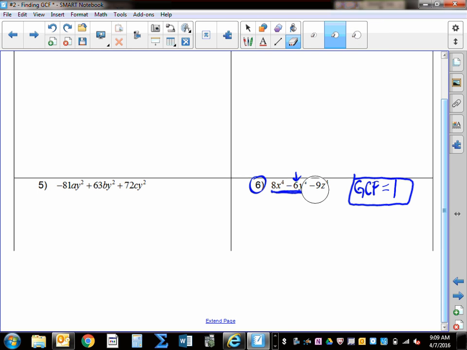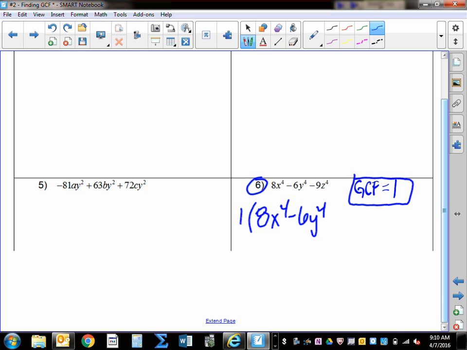So you'll like these ones because when I have a GCF of 1, the only thing I could do is it stays the same. So whenever you have a GCF of just 1, for your homework tonight, you honestly don't even need to factor it out like this. You can just say GCF equals 1 and stop there.